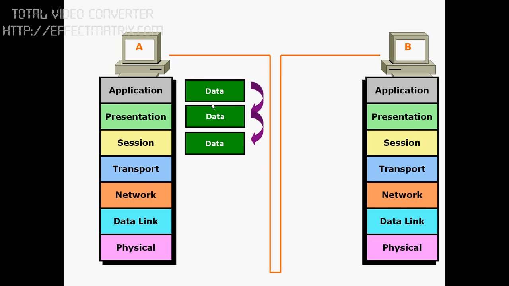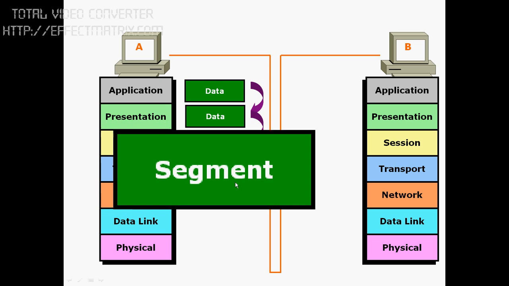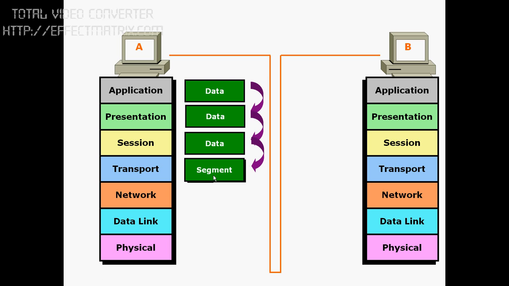Typically at the transport layer, whenever session layer data appears, the transport layer adds its own header to it. Now the session layer data along with the transport layer header added to it gives rise to a transport layer segment. That transport layer segment, whenever it appears at the network layer and is appended with the network layer header, gives rise to a network layer packet.